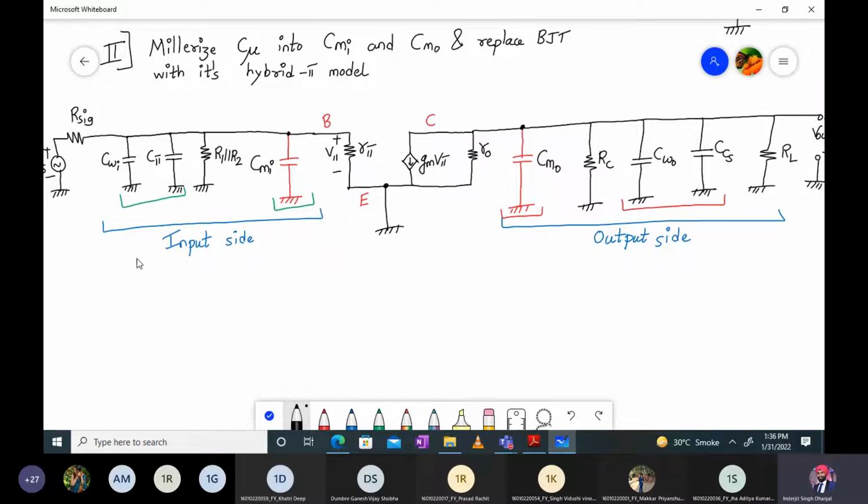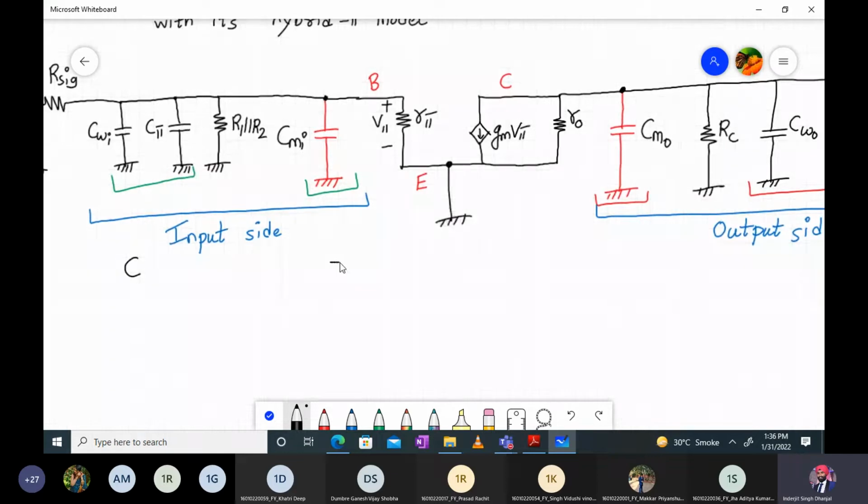I will call one input capacitance CI. Let me just slightly maximize. So this input capacitance CI will be the parallel combination of CWI, CPI plus CMI. Parallel combination, you can write it as addition easily.